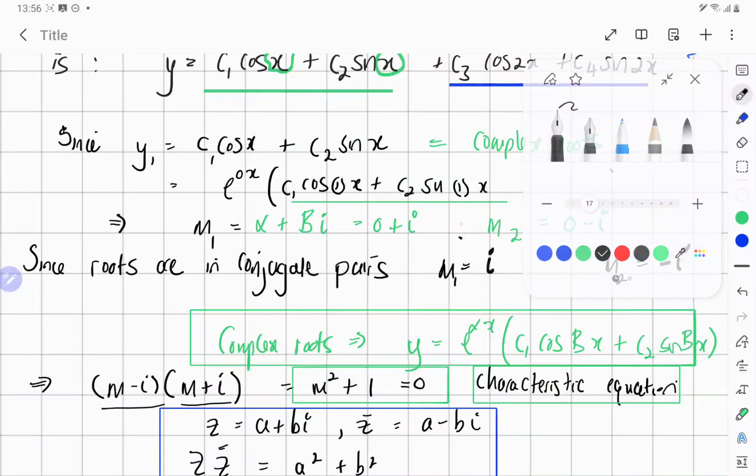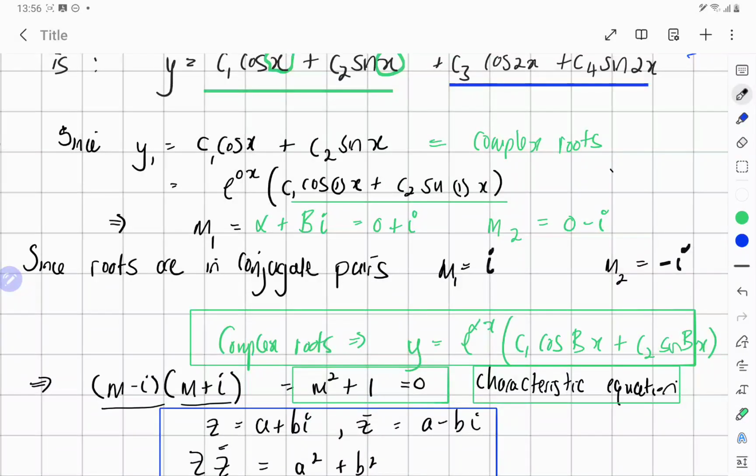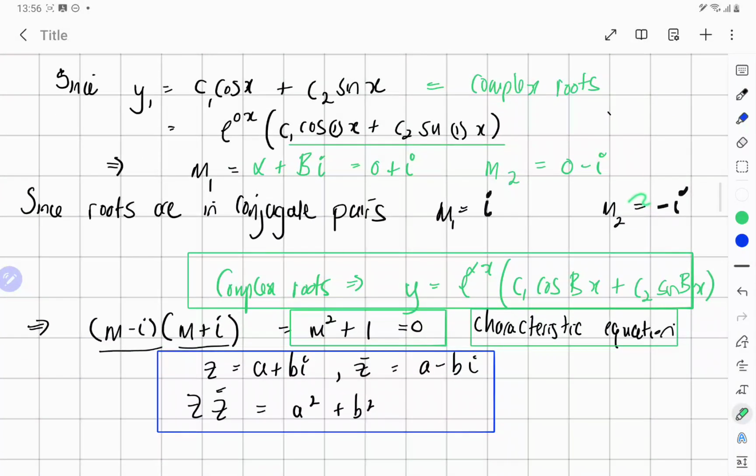So what do I know immediately from what is given? I immediately see I need to get alpha plus beta i. I see my alpha is 0 and I see my beta is 1. So the beta must always be the same. And a common mistake students make, they forget to immediately write down the conjugate. Please do not make that same mistake.